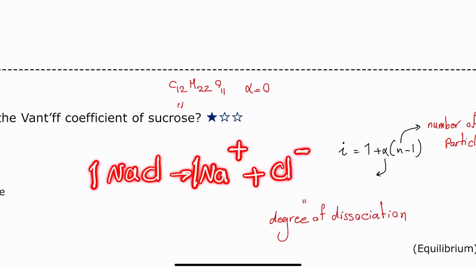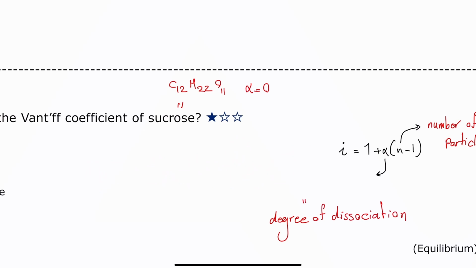But a molecule like sucrose or glucose won't dissociate and won't make ions. They would dissolve in water in a molecular way, for example mostly using hydrogen bonding. So they won't make any ions.